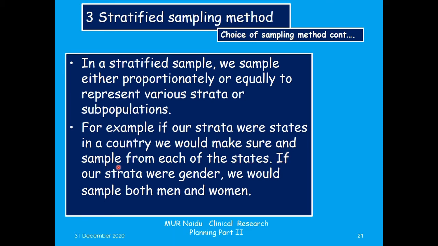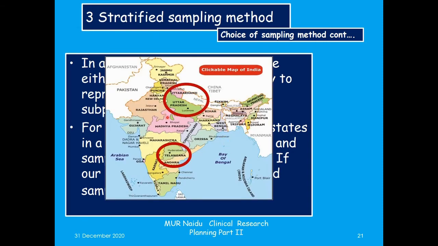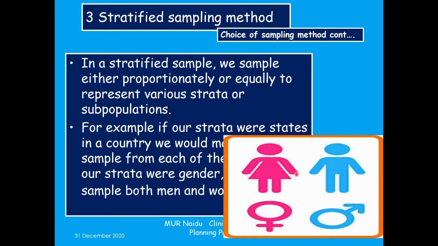If our strata were gender, we would sample both male and female. Or depending on your inclusion criteria, you can take smoker, non-smoker, obese or non-obese. For example, in this picture, we are selecting the sample from Uttar Pradesh and Telangana state from the country. And here we are taking male and female as our participants.